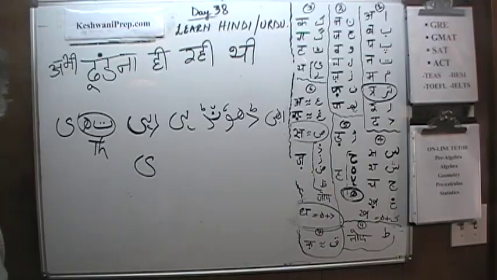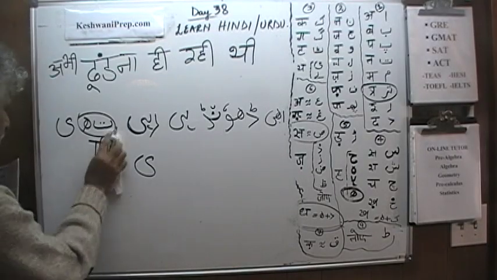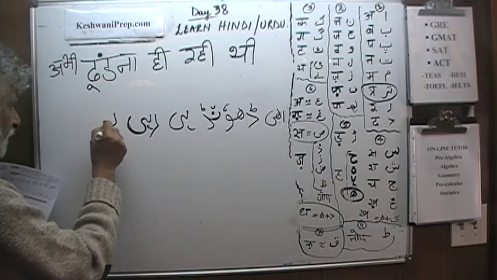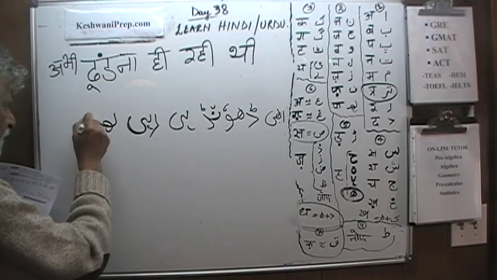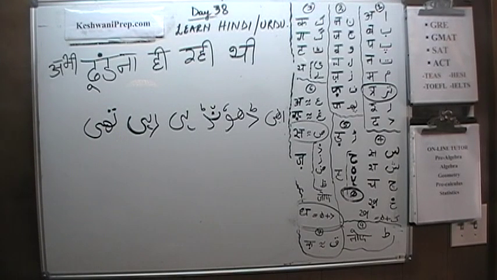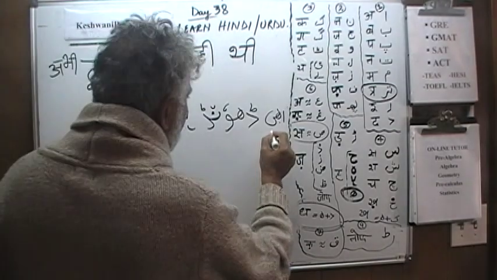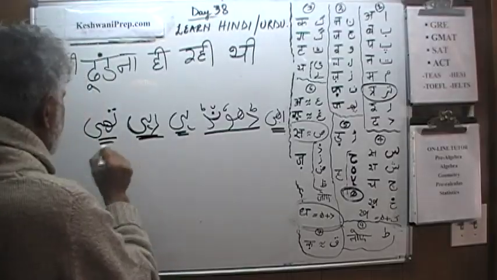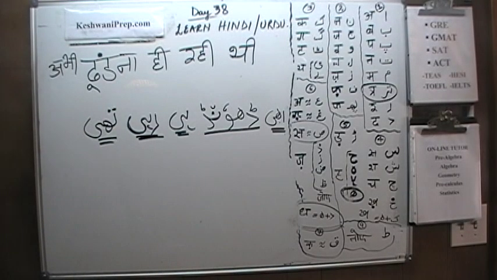Abhi dhoond hi rahi thi. Let's read it together. So that's a tha, you join it, do chashmi he. That reads thi. Abhi dhoond hi rahi thi. I'm underlining them so you can keep the words separate. These are separate words.